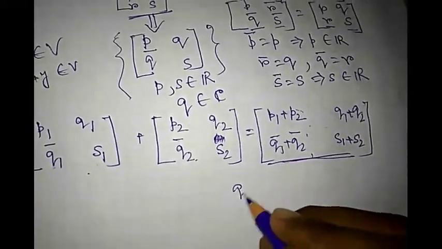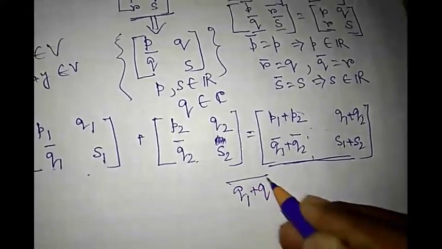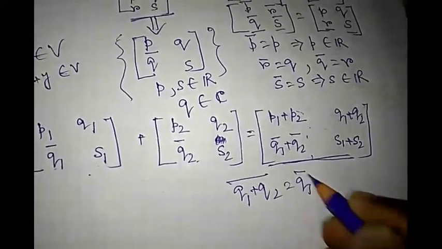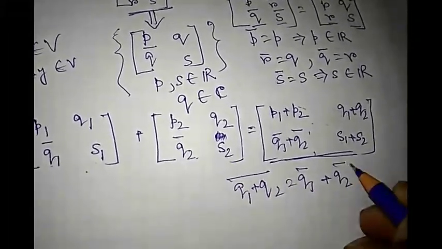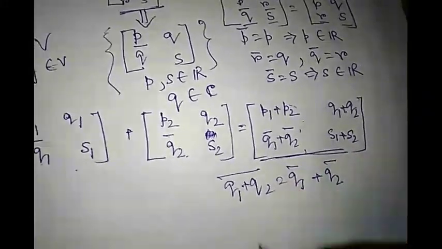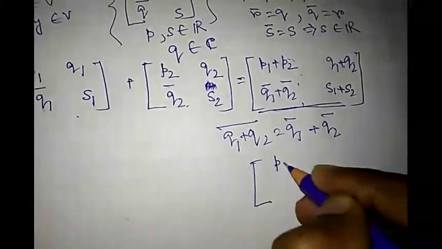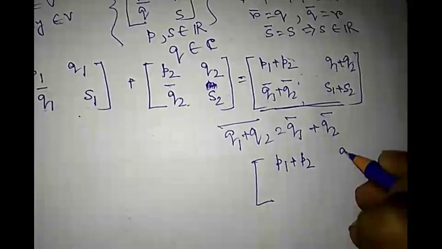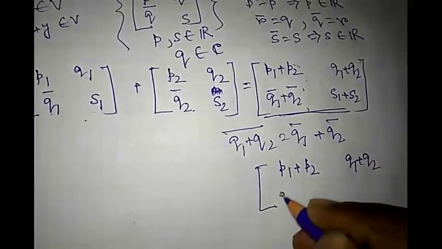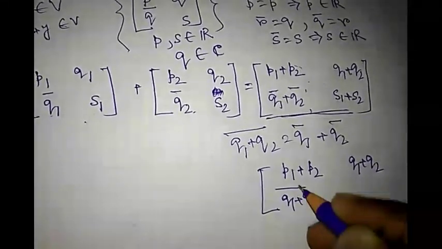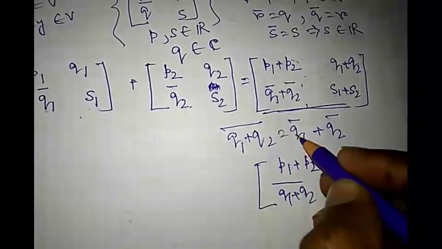We know that the conjugate of Q1 plus Q2 equals Q1 bar plus Q2 bar, because the conjugate of a plus b equals a bar plus b bar.